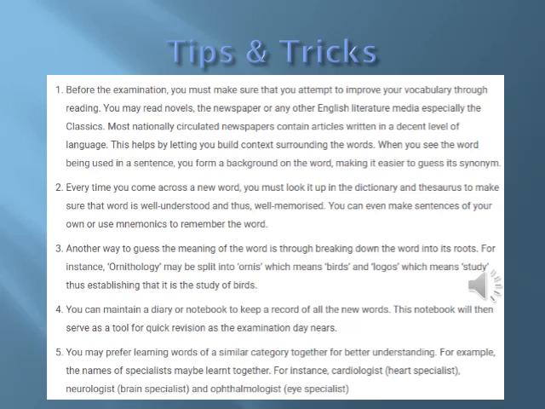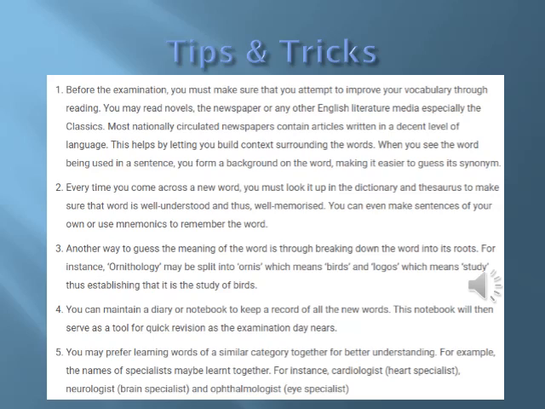In the dictionary you will find the meaning, and in the thesaurus you will find synonymous words. So if you refer to the dictionary as well as the thesaurus, then definitely you'll be able to build up good vocabulary. You can even make sentences of your own or use mnemonics to remember the word.